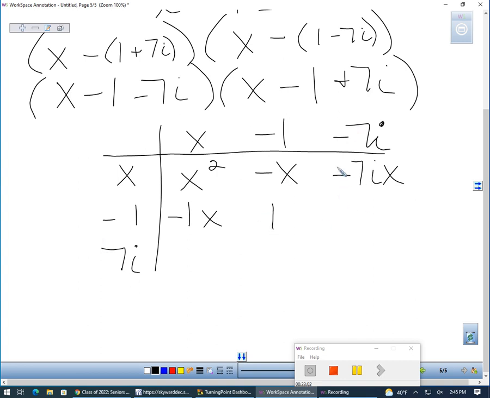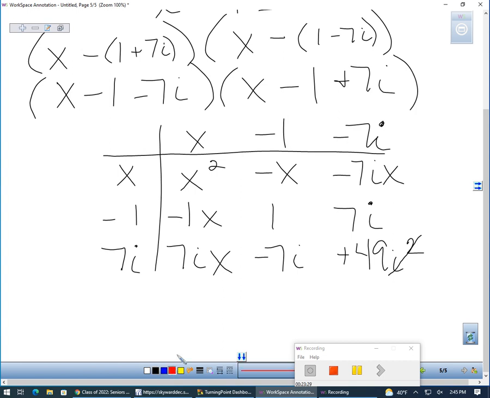Negative 1 times negative 7i is positive 7i. X times 7i is 7ix. Negative 1 times 7i is negative 7i. And negative 7i times positive 7i is negative 49i squared. So the first thing, we're going to start here, cancel that, and make that positive.